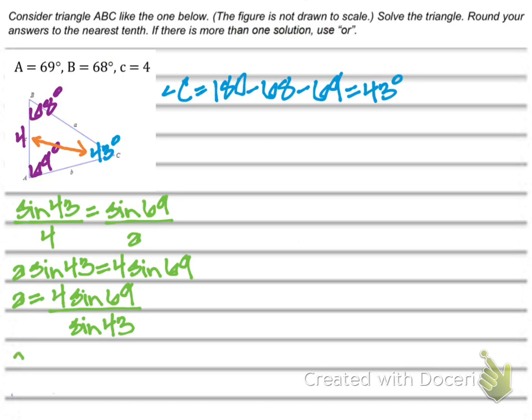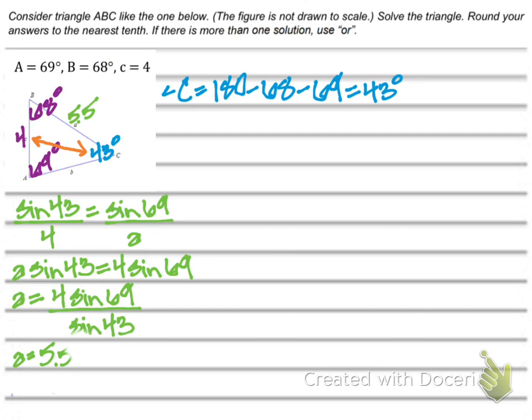Which is, let's see, 5.47. How do they tell me? Nearest tenth. So 5.5. And we don't have to put it on here, but I'm going to, not 5.5 degrees, 5.5, right? We're just finding a side length here.